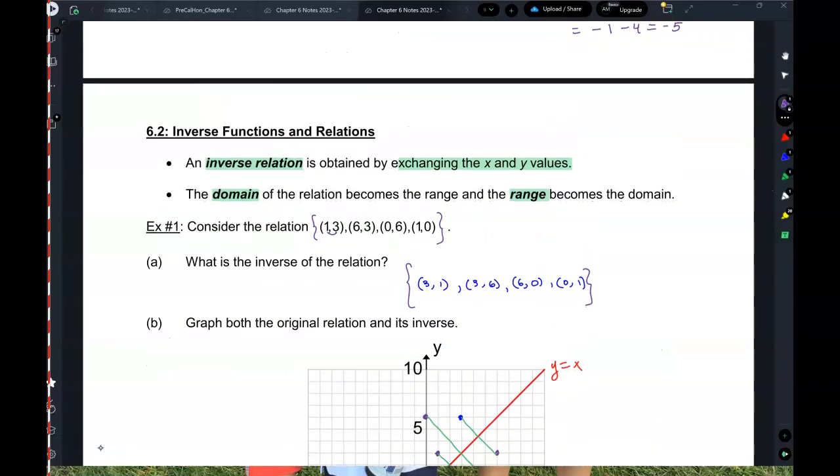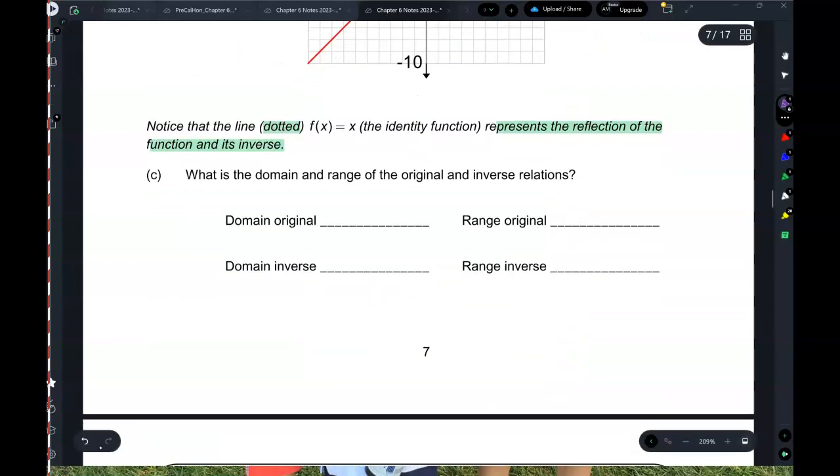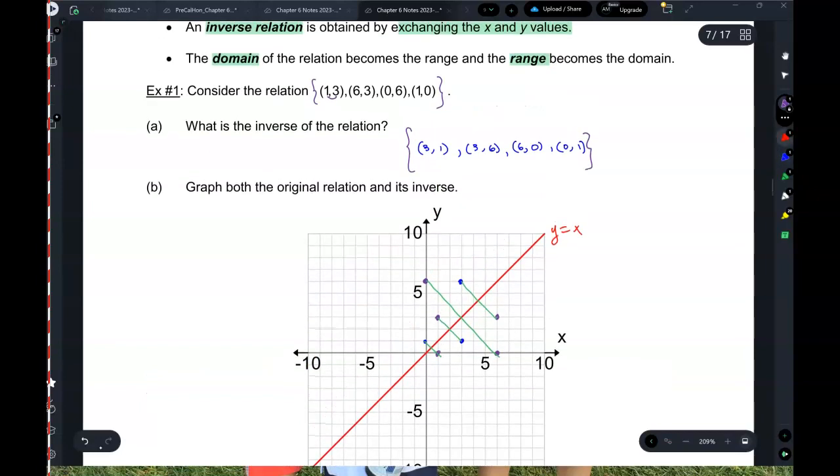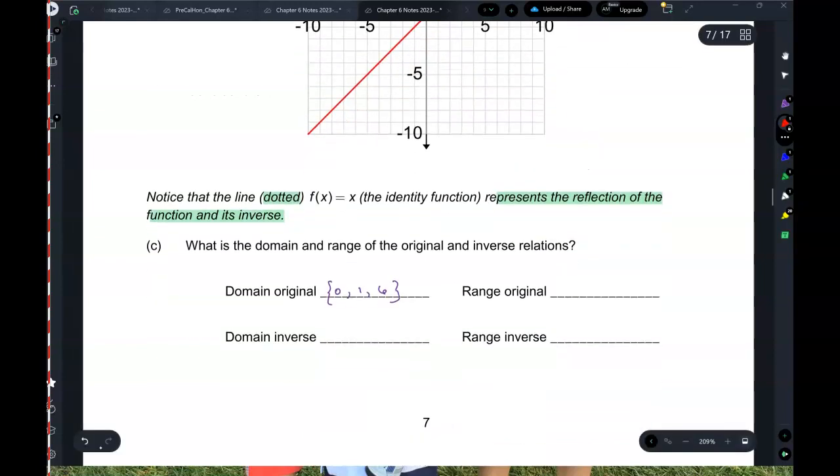Now let's talk about domain. For the original function, the domain is all of the x values. So I have a 1, a 6, a 0. In order, the x values for the original are 0, 1, and 6. What is the range of that original function? I have some 3's, a 6, a 0. So 0, 3, 6.